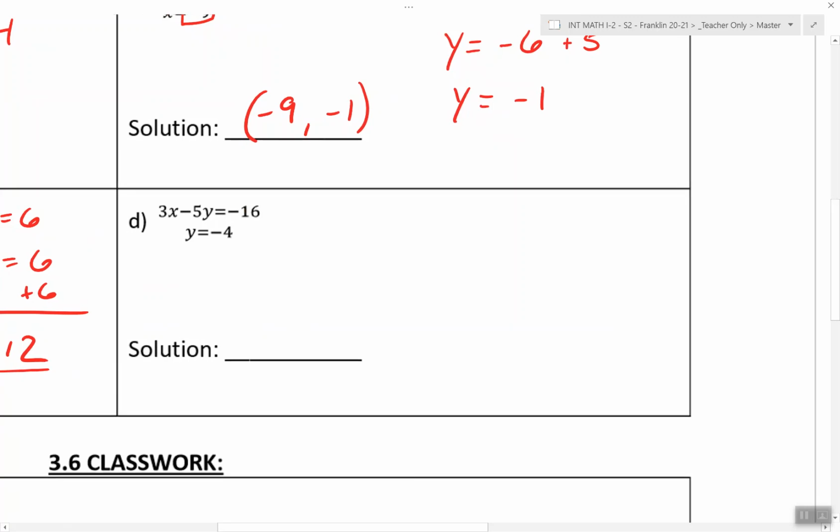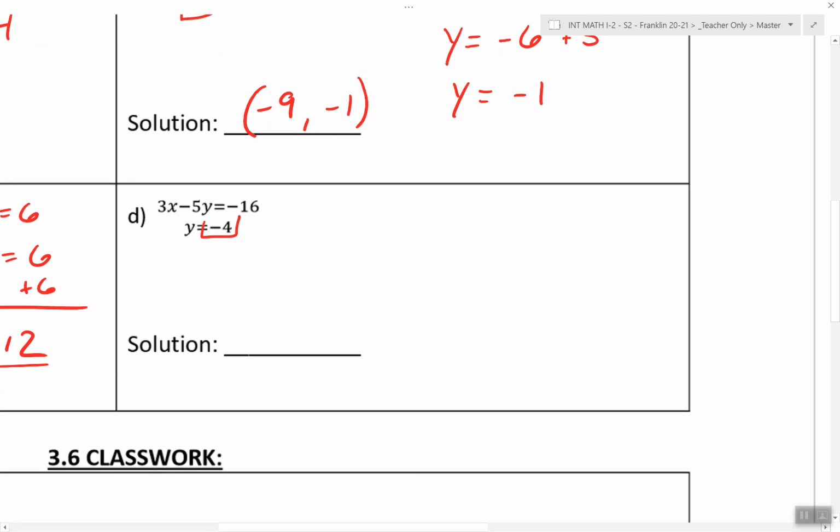Okay, example D, we have 3x minus 5y equals negative 16 and y equals negative 4. Again, we know that y now is equal to negative 4. We're going to plug that in for y in the other equation. So 3x minus 5 times negative 4, don't forget that negative, equals negative 16.